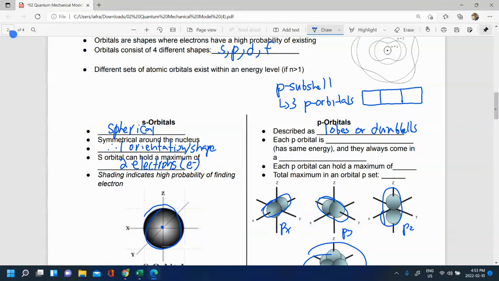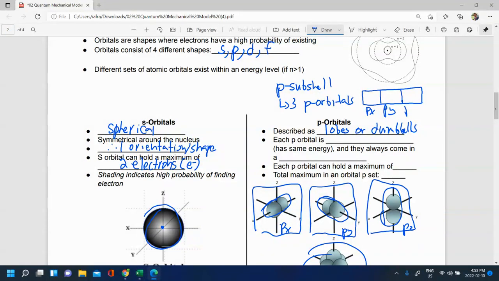So this would be the px over here, for example. This is 1. This would be the py over here. This is 2. And this would be the pz over here. So that's 3. So the p subshell always comes with 3 p orbitals. They always come in a set of 3.